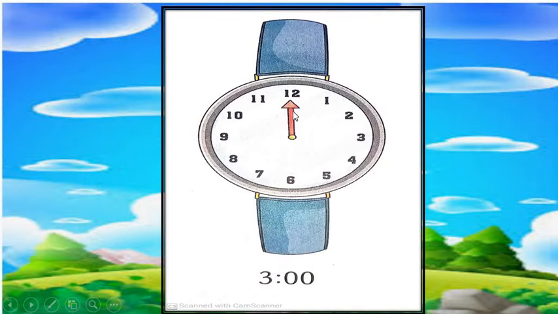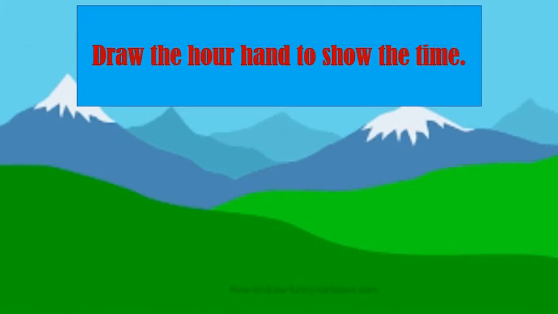Now see, we have the long hand or minute hand on this clock. What is missing over there? An hour hand. As our instruction is, draw the hour hand to show the time.